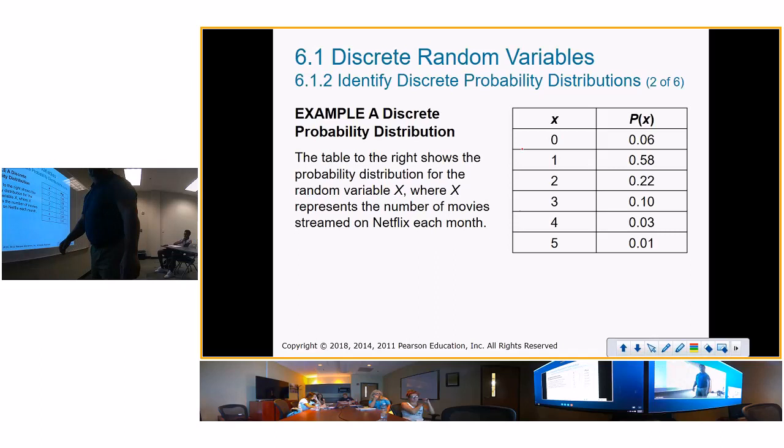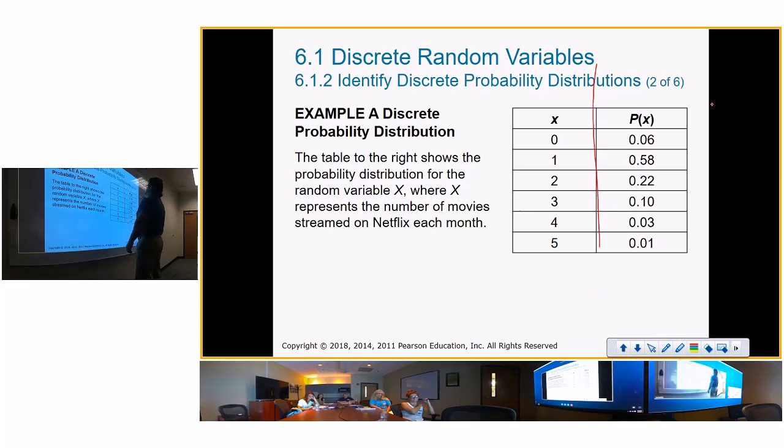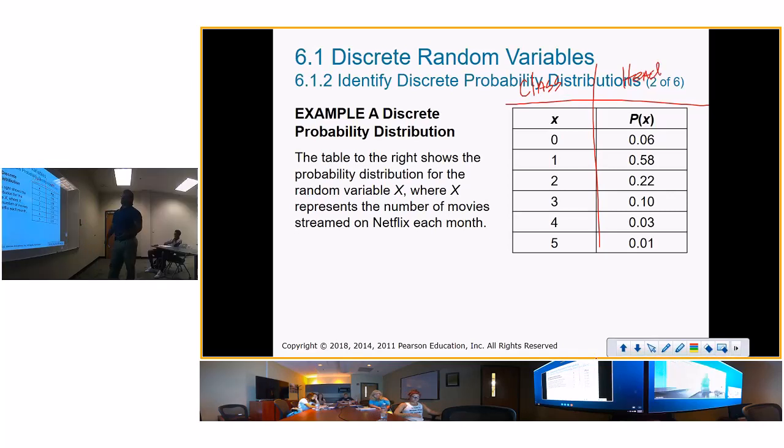And back then, you used to have the class or the category up here. And then you had what over here? You had the head count. But we're not doing that now. Now, X is how many games or how many whatevers.